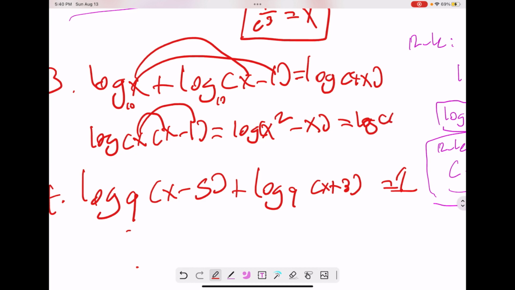log base 4 of x. And remember, I haven't told you this yet, but if there are logs with the same base on both sides of the equation, then we can completely cancel them out. Because think about this. If we have 5 times 4 equals 5 times 4, then we get the same effect if we cancel out the 5, because both sides are being multiplied by 5.